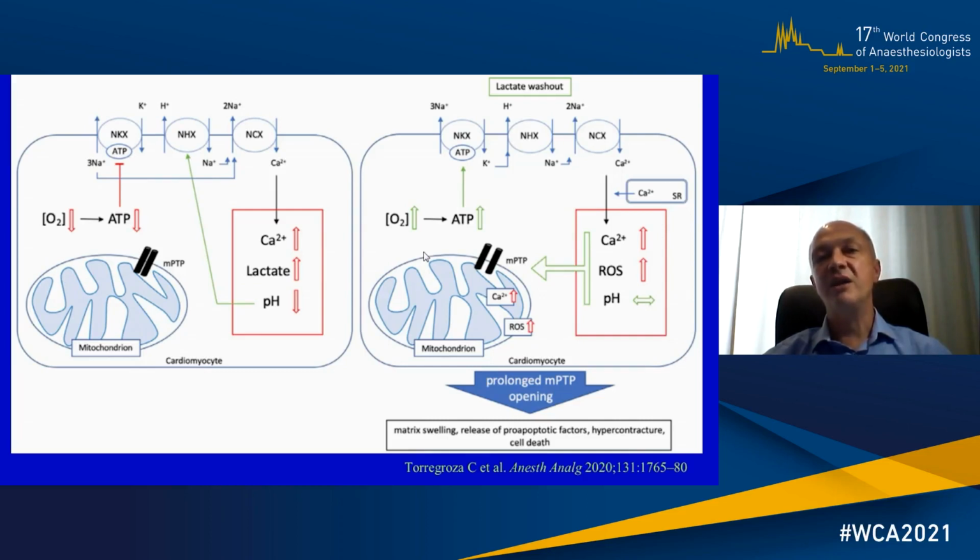However, on the right panel, you see that during the restoration of perfusion, the lactate washout and normalization of pH are still accompanied by calcium overload and reactive oxygen species increase. That will lead to activation of mitochondrial pores, prolonged opening, swelling of cells, disruption of membrane of mitochondria, and to cell death.